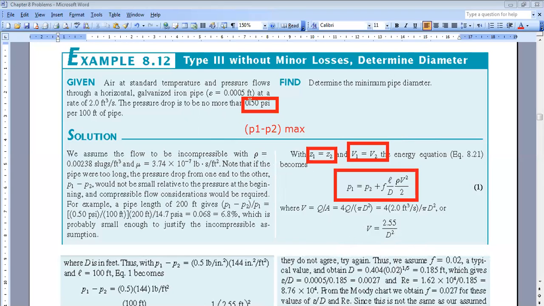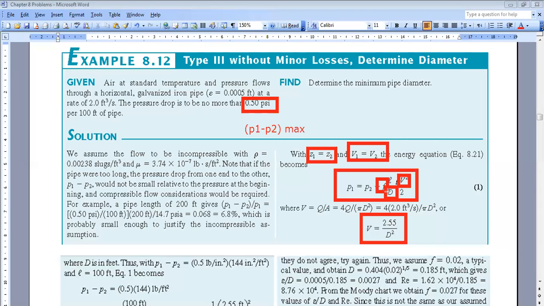As you can see here, I have two unknowns, V and D. This is my first relation, and I can relate V and D through the volumetric flow rate. In this relation one, you have as unknowns V, D, and also the friction factor f.